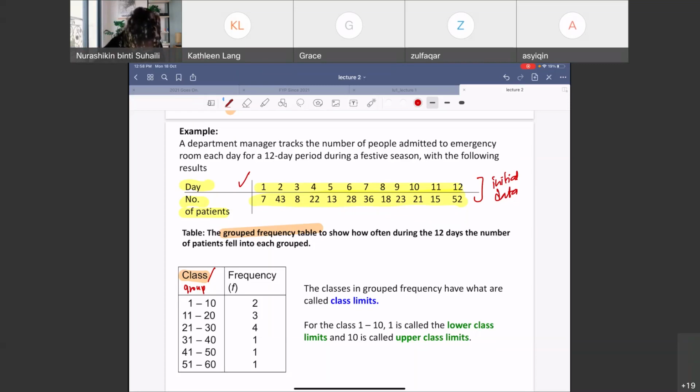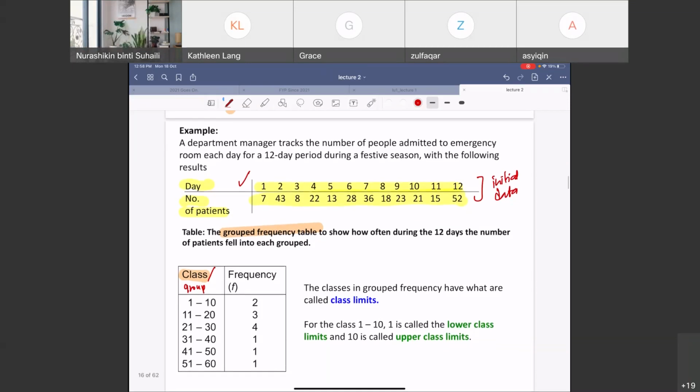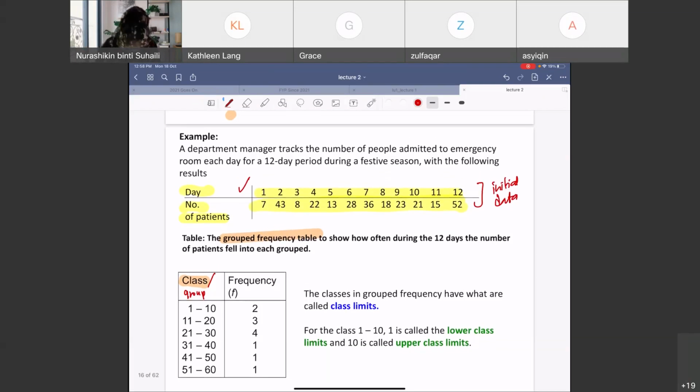What do you mean by that? I can't see the connection between these two. Because in the class between 1 to 10, there's only the number of patients. Basically, the class group is the number of patients in a day.